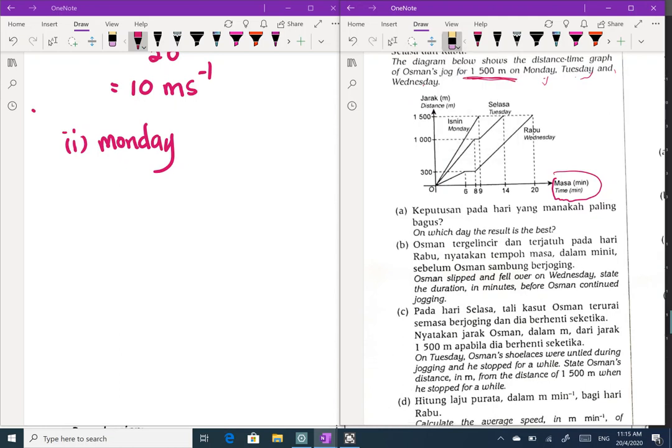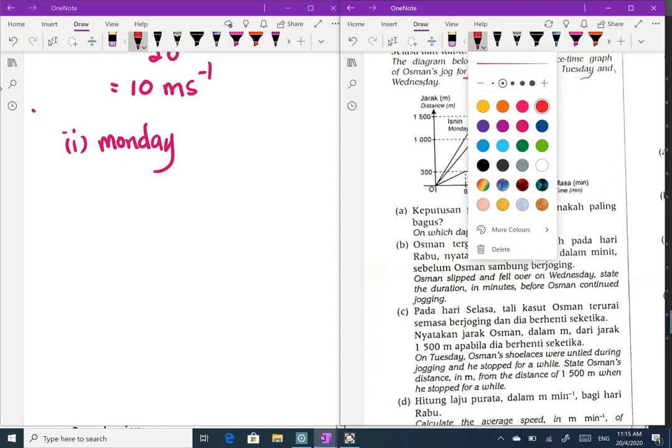Okay, B. Osman slipped and fell over on Wednesday. 在星期三的时候，他跌倒. State the duration in minutes. Okay, the unit that we use for this graph is minute, not second.